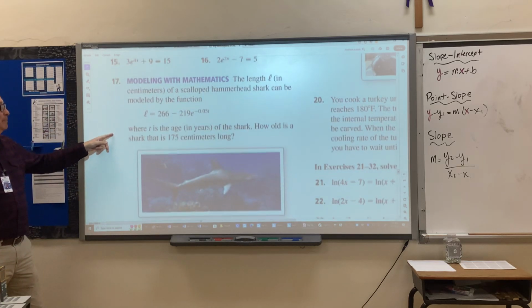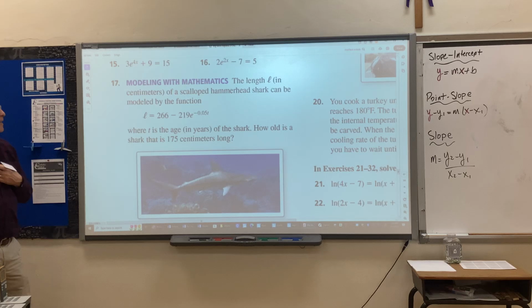So 17. The length, L, in meters of a scalloped hammerhead shark can be modeled by that, where T is the age in years. How old is the shark that is 175 centimeters long?